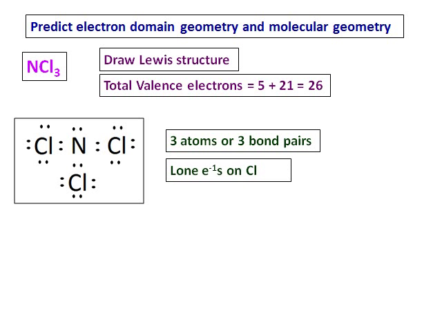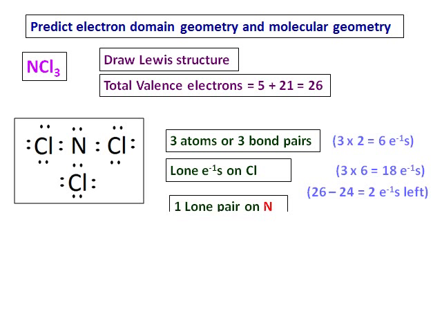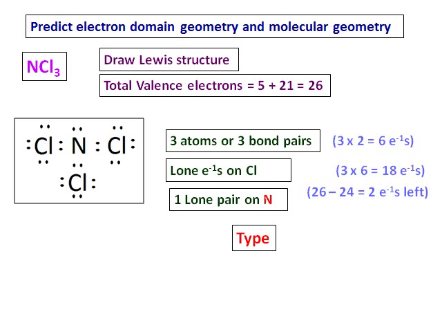So we have 3 bond pairs, and then we need to find out how many lone electrons are on Cl. 3 bond pairs take away 6 electrons, and I have 6 lone electrons on each of the 3 chlorines, therefore 18 electrons are gone. So a total of 24. Out of 26, 26 minus 24, 2 electrons are left, hence you have 1 lone pair on nitrogen.